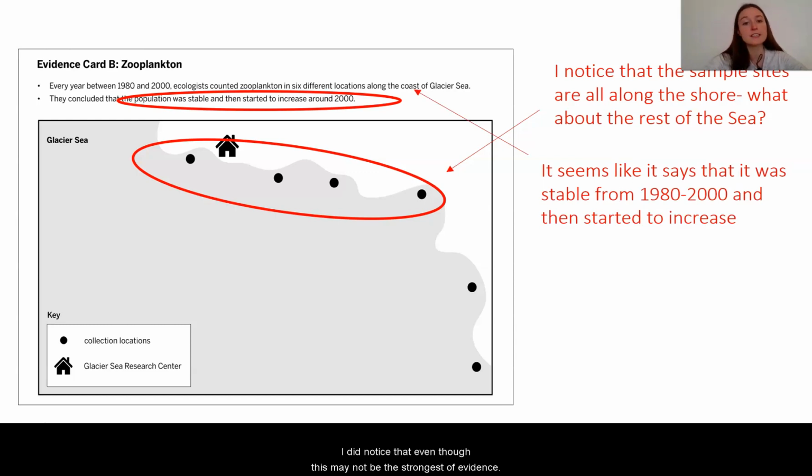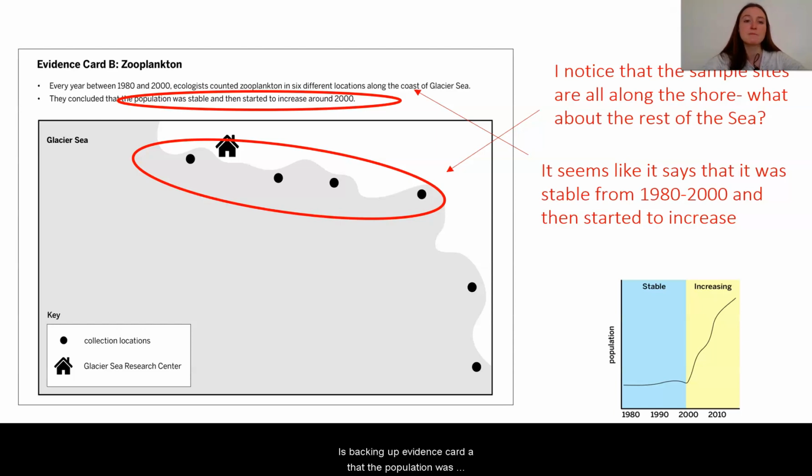I did notice that even though this may not be the strongest of evidence, it is backing up evidence card A that the population was stable and then increasing around 2000, just like the moon jelly populations.